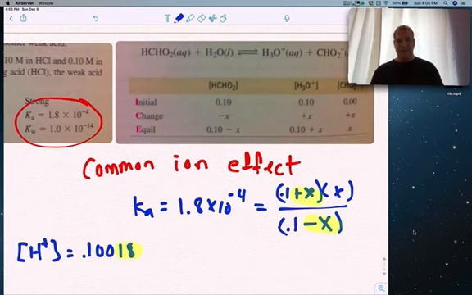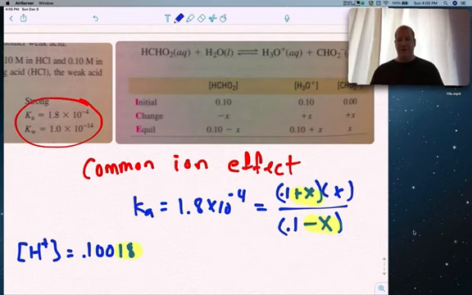So you see here initially formic acid 0.1, hydronium or hydrogen ion 0.1, formate 0, so we shift right, and then we have the Ka equilibrium value.